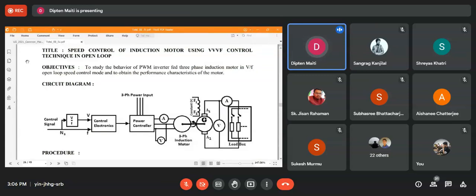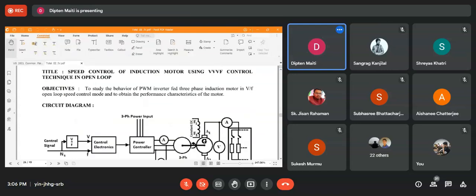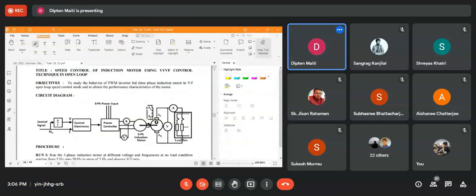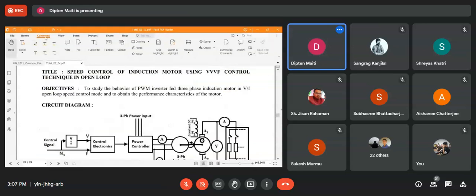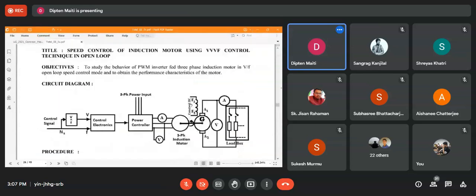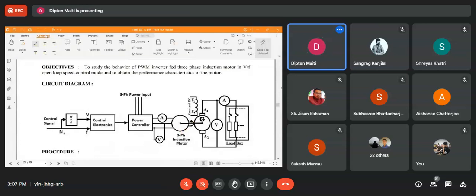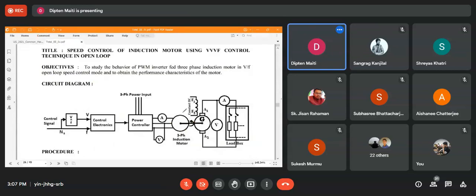So here we have the three-phase induction motor shown. Of course, this is driven by a power controller.